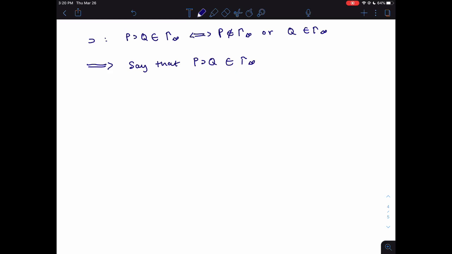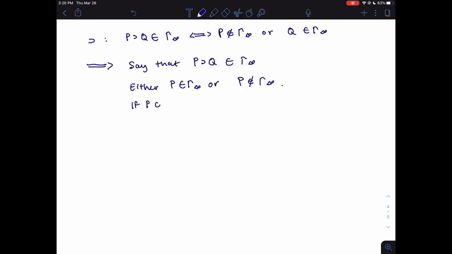Okay, so the first thing to note is that either P is a member of gamma infinity or it's not a member of gamma infinity, right? Those are the only two options within the space of logical possibility here. If P is not a member of gamma infinity, then we're done, right? Because then the disjunction is fulfilled. So we'll write that down.